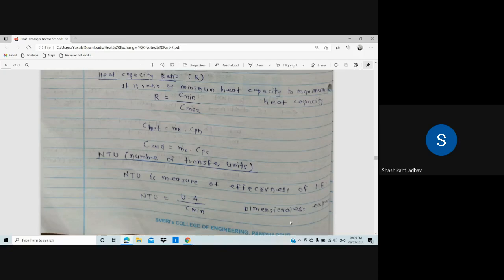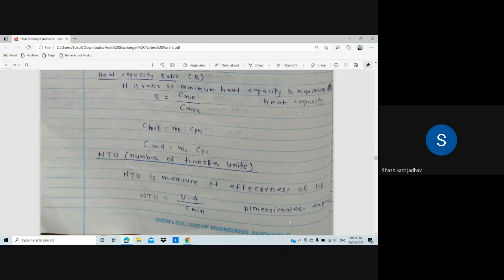Okay, so all of you write down: heat capacity ratio, it is the ratio of minimum heat capacity to maximum heat capacity.